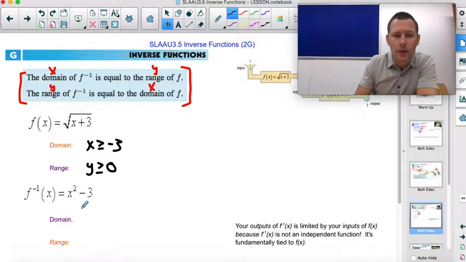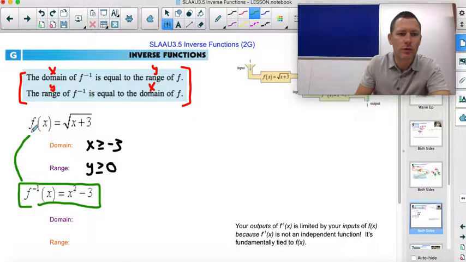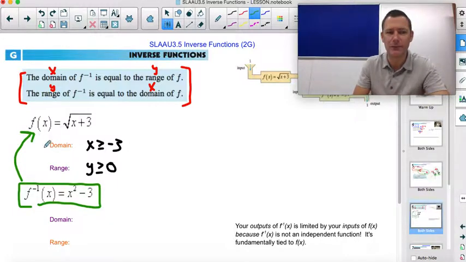Therefore, this is not a new function. This is inextricably tied to that function, since it's the inverse. They're like evil twins, right? And therefore, you can't assess this function's domain and range independently.